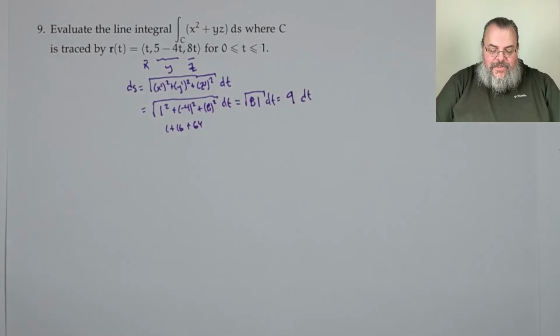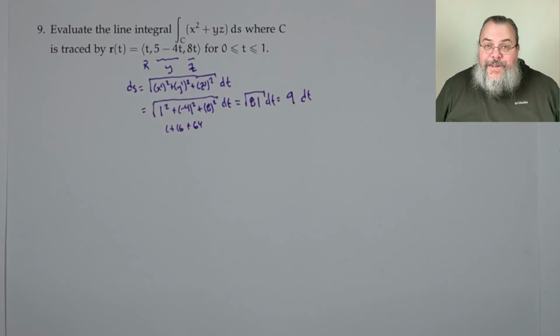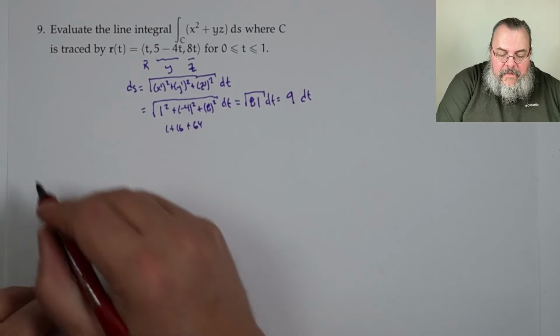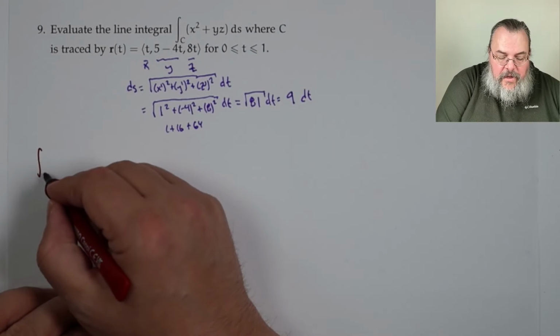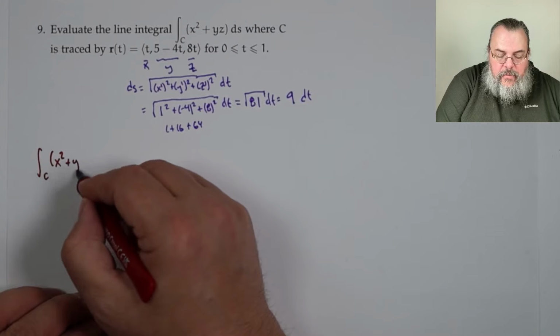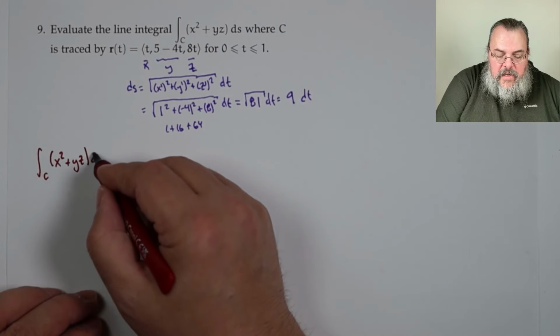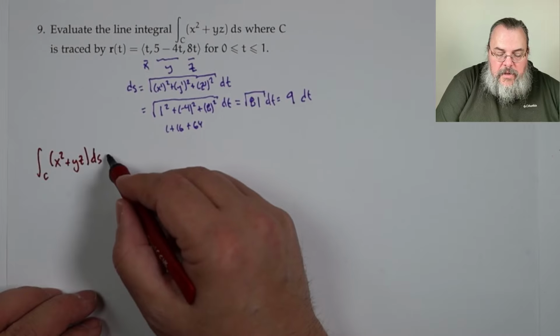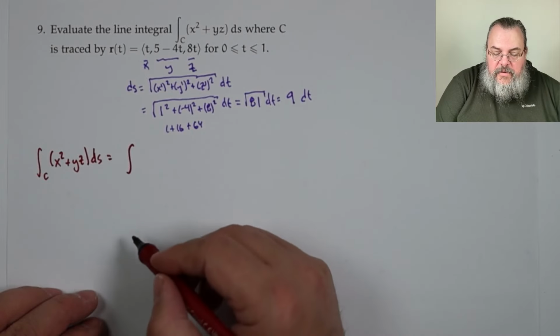Okay, so we're now ready. We've done the prep work. To begin, this integral along the curve of x squared plus yz ds, the way we do it is we put everything in terms of t.